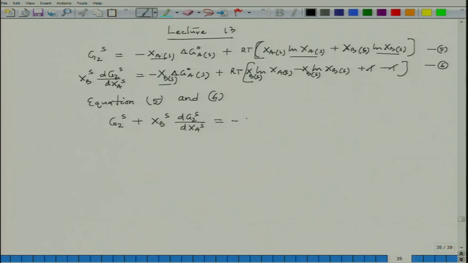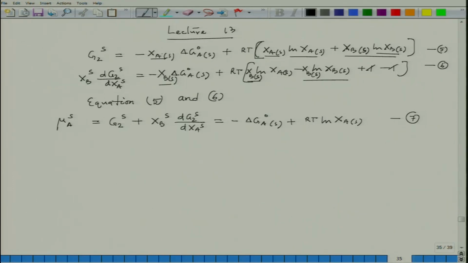So, this is minus delta G A 0 S. Here also if we add this quantity and this quantity, they would cancel, and if we add this and this quantity, they will become 1. So, finally, we would get RT ln XAS. So, this is equation 7, and this is nothing but mu A S.